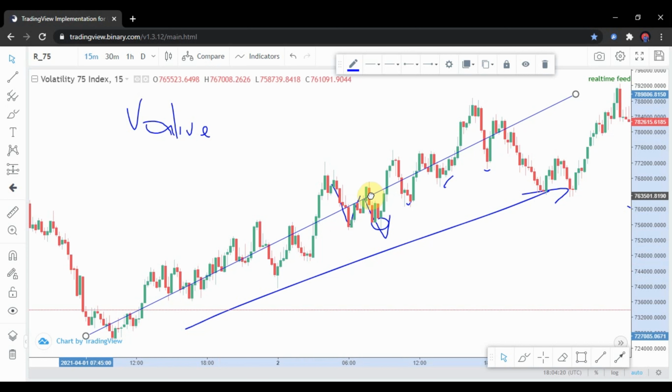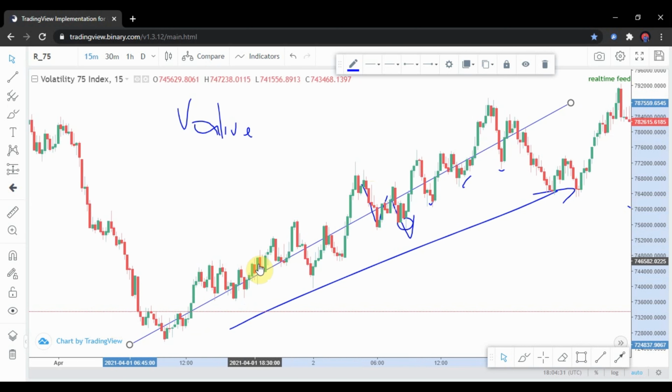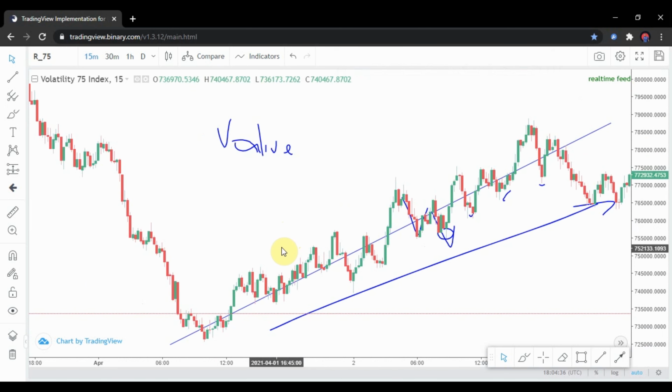Understanding the intrinsic value of the move or of the trend will help you not to miss any move. For example, let's say you've identified it just like this. The intrinsic value is like the flow or the mean of the slope of the trend, how the market is moving upwards, either strong or weak.